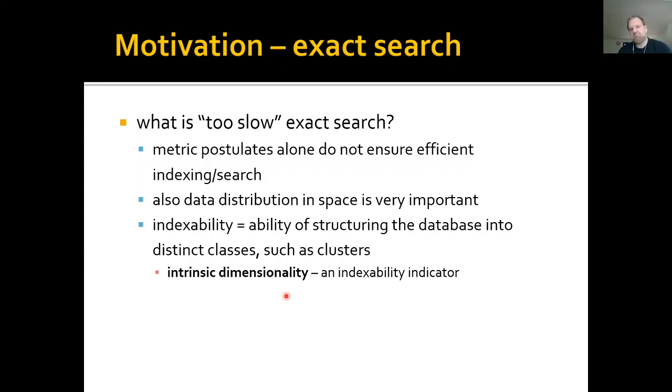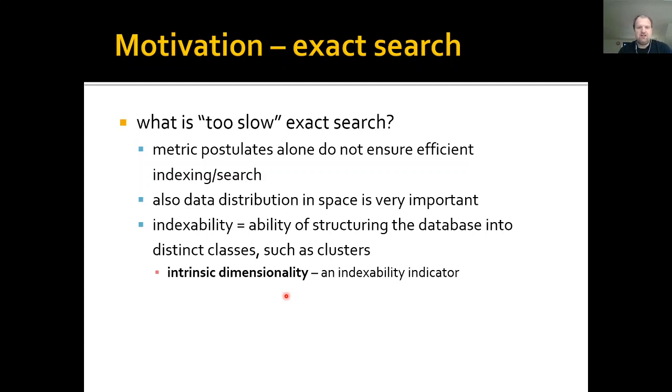This is true for linear indexes, like linear key indexes such as the B-tree, because there is guaranteed logarithmic complexity, but this is not true for any other multidimensional or metric indexes, because there is nothing like ordering of data, and it cannot be guaranteed for any distribution.